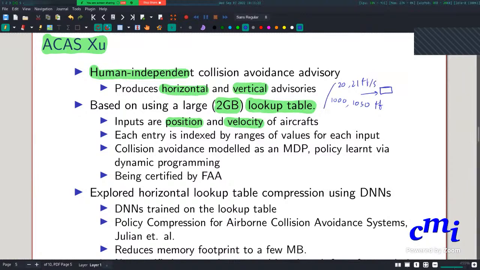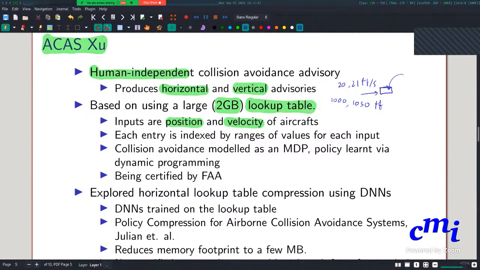So if your situation lies within these ranges, then you go into this particular cell, look at whatever advisory is there in that cell, and produce that as the output of the system, right? So it's just a huge table which categorizes what to do in each situation.